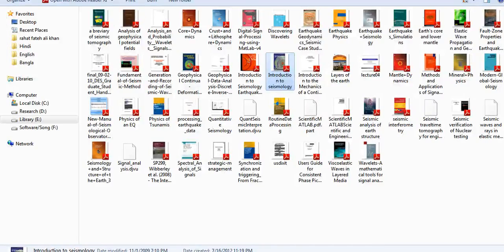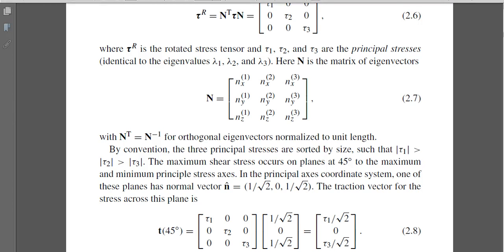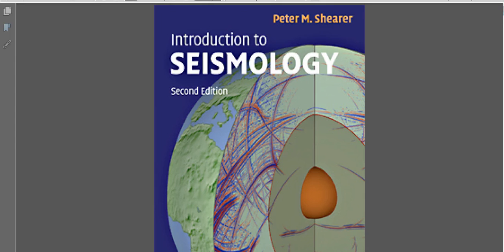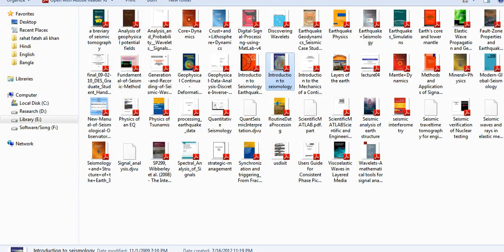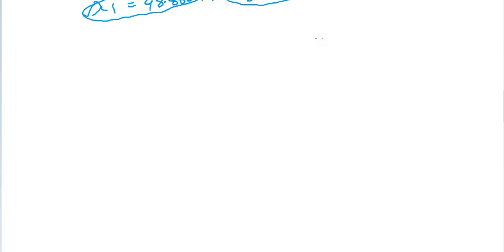I'm going to give you an example from Peter M. Shearer's Introduction to Seismology, second edition. He is a seismology professor at the University of California, San Diego. So I'm going to give you an example from his book.